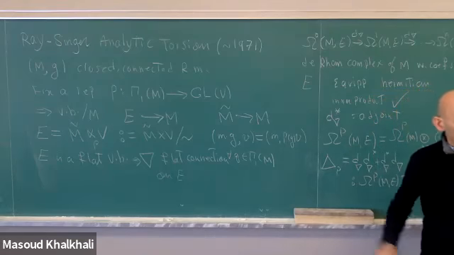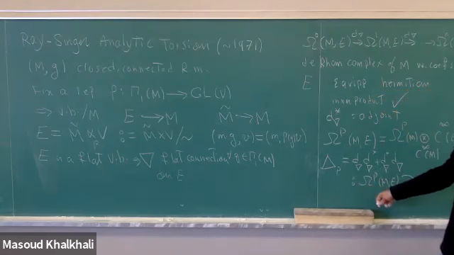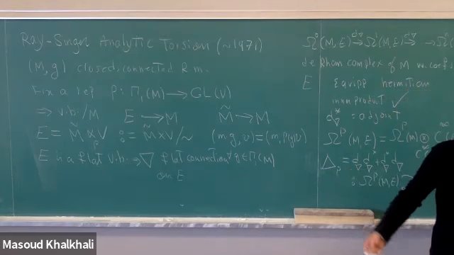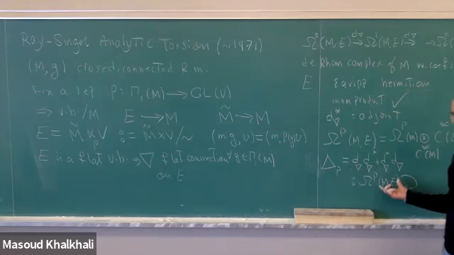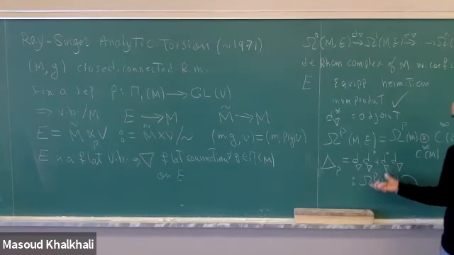It's like the usual Laplacian that we had on functions and forms. Now we extend this Laplacian to p-forms with coefficients in E.